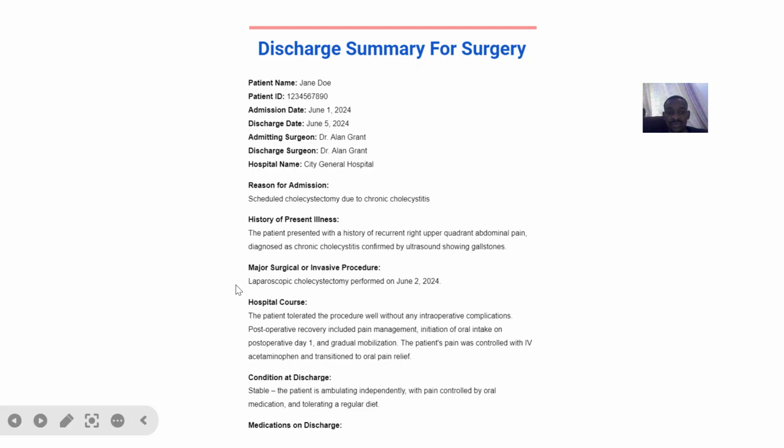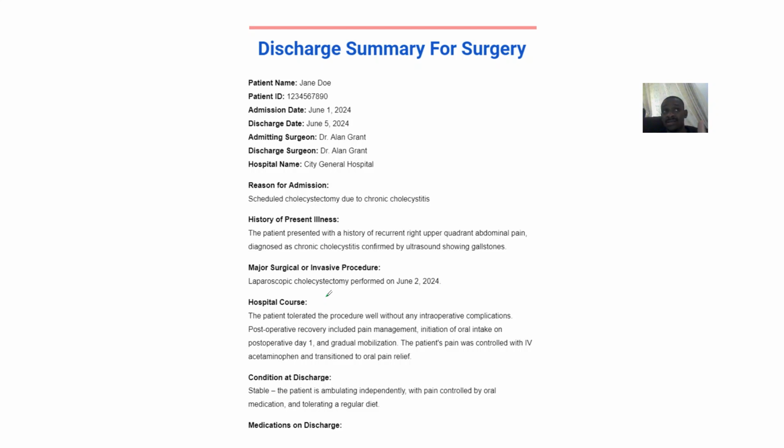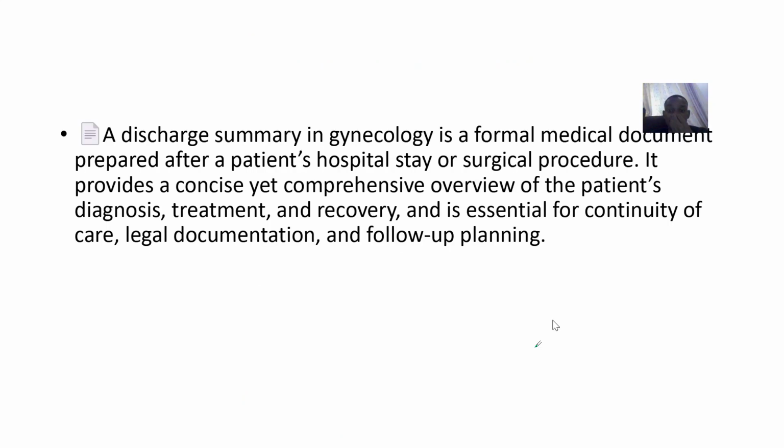So in a discharge summary, you are talking about what condition the patient was admitted in, then after the discharge, at what condition they were, all right, what the treatments were and all of that. So it's just a formal medical document.